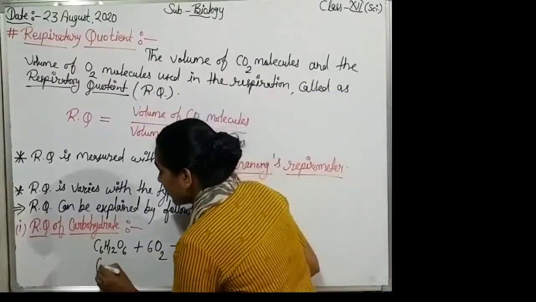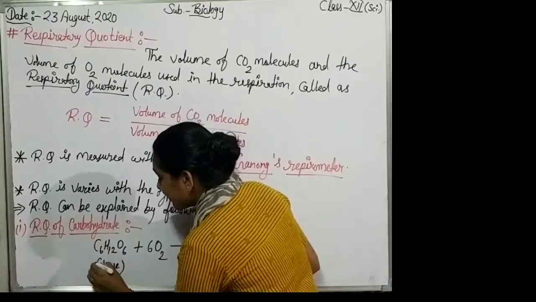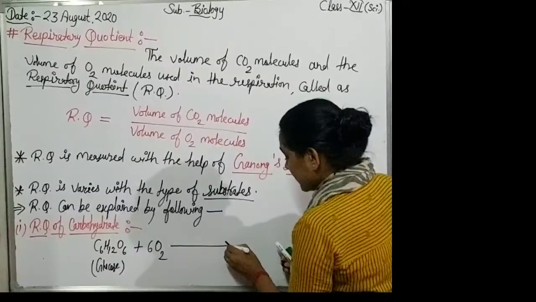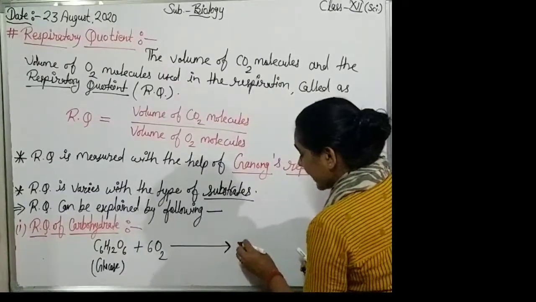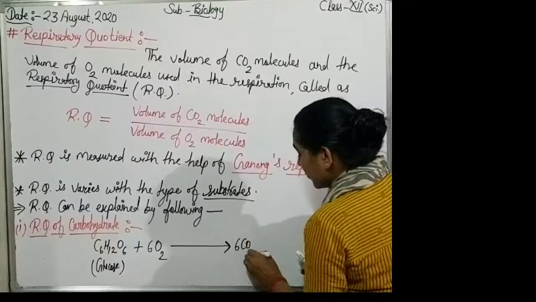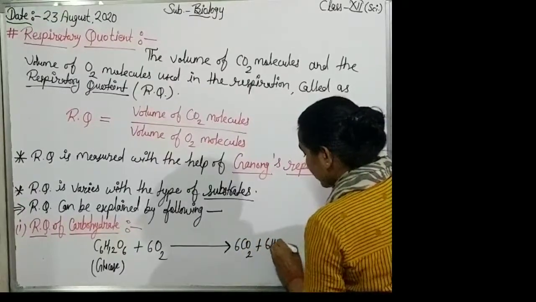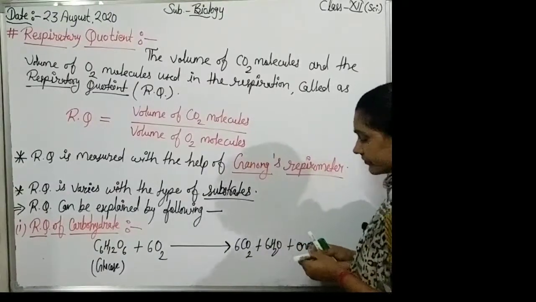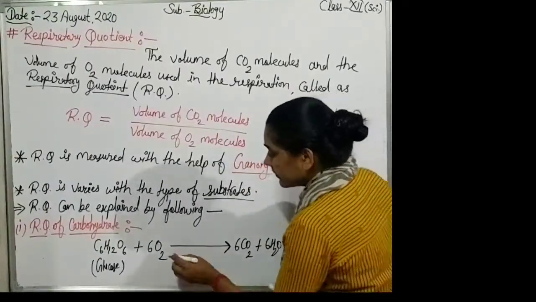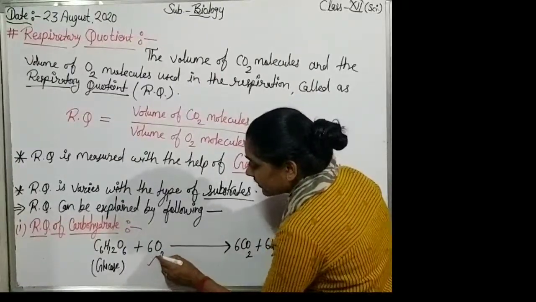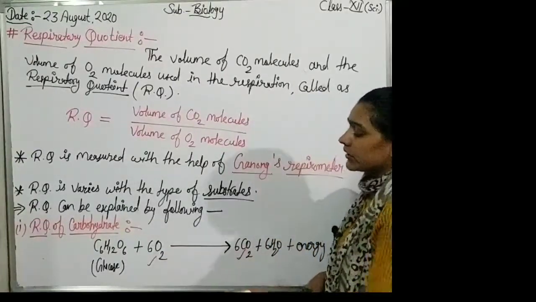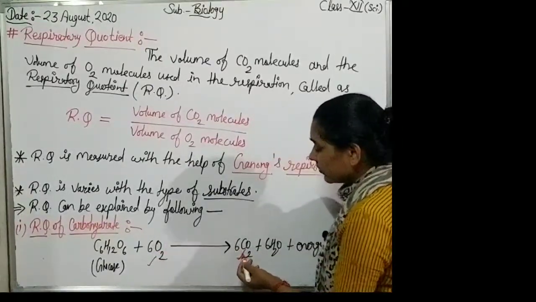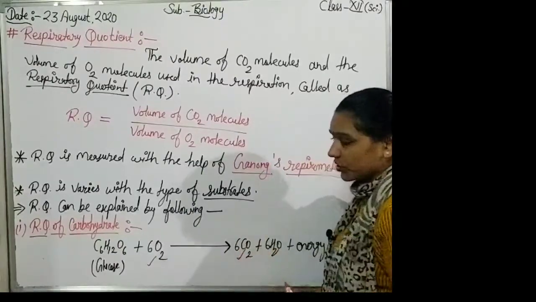C6H12O6, glucose substrate, it means carbohydrate, in aerobic respiration gives 6 CO2 molecules, 6 H2O molecules and energy. So in this process, the volume of oxygen molecules is equal to the released CO2 molecules.